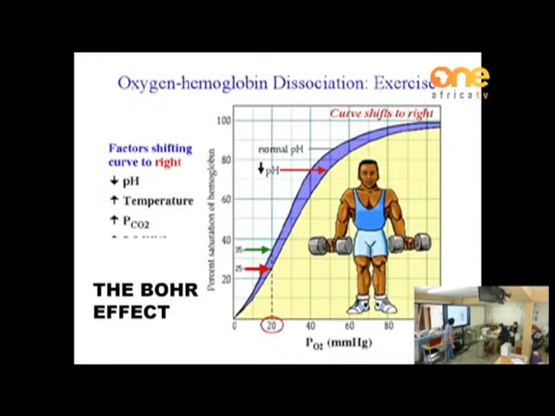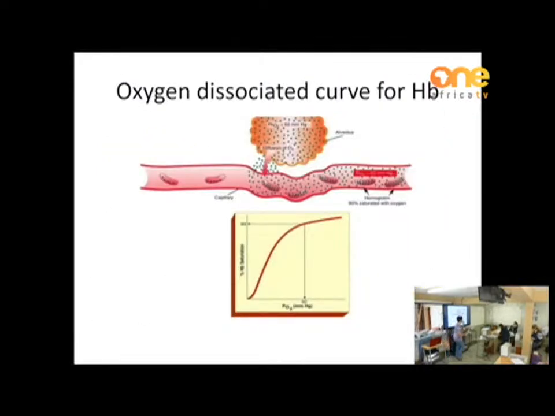And isn't that exactly what we need? Do you hear me? When I have high pressure, I want high saturation, so that the hemoglobin and the oxygen combine and form oxyhemoglobin easily and very fast. You follow?